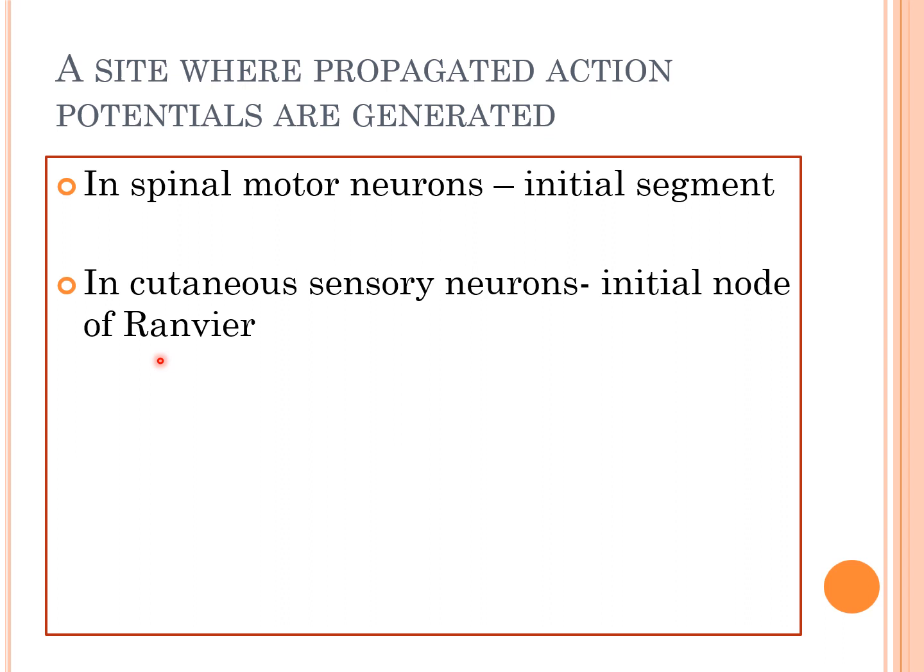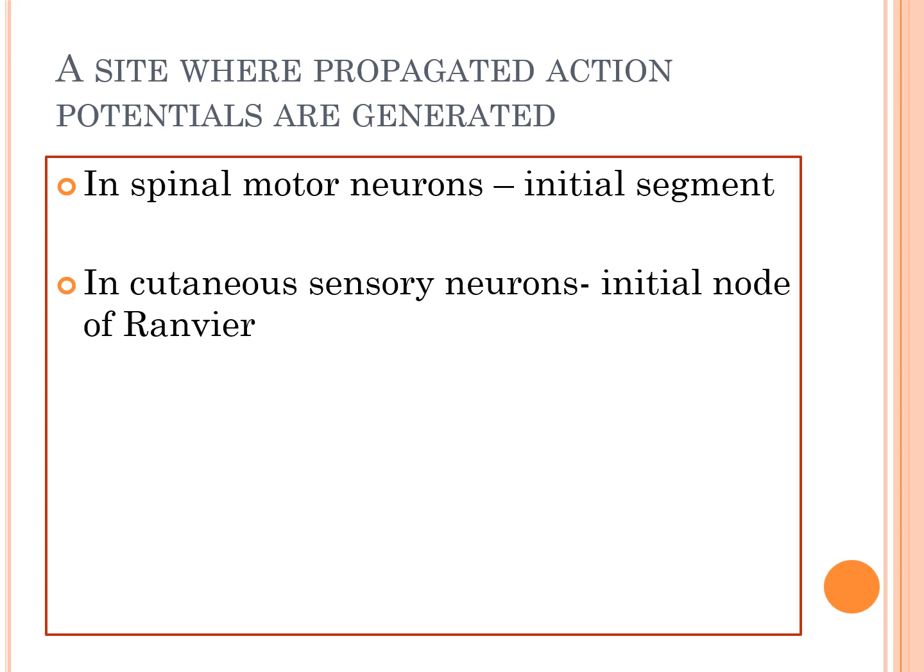So we should remember two things. One is that graded or local potentials are generated in the dendrites, whereas propagated action potentials are generated in the axon. In spinal motor neurons the initial segment is the site, whereas in cutaneous sensory neurons the first node of Ranvier is the site of generation of propagated action potential.